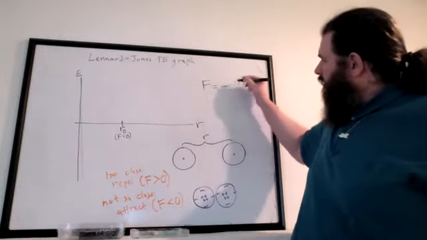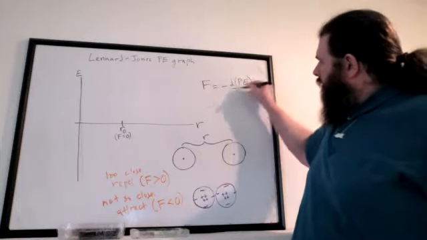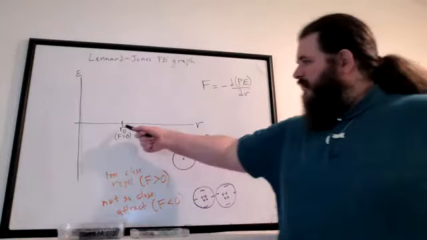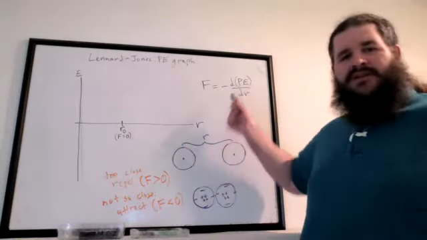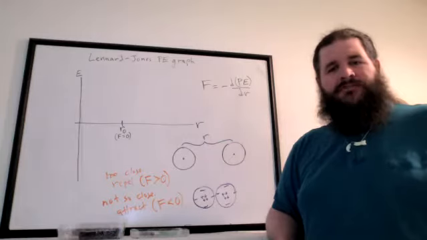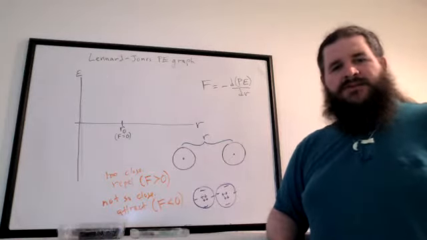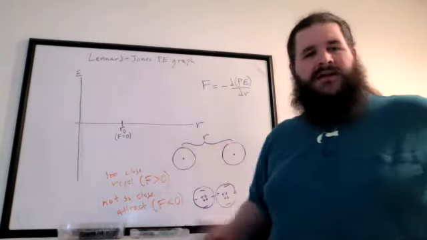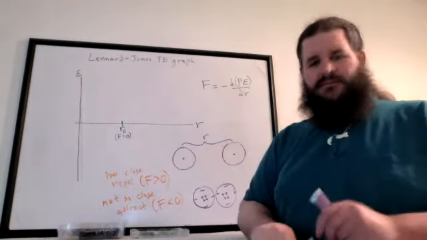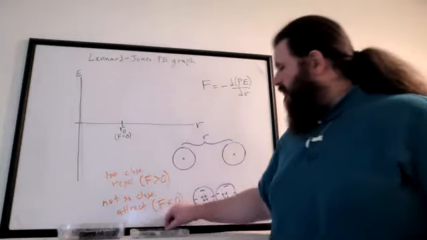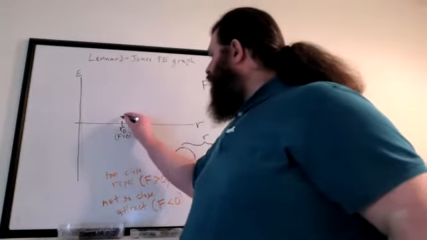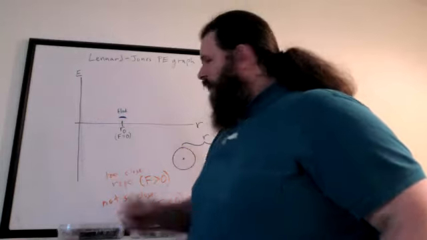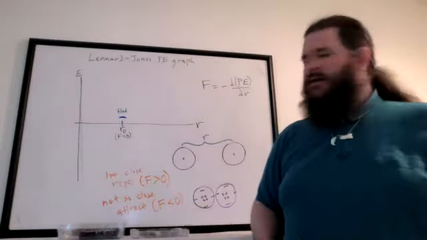Force is the opposite of the slope of the potential energy graph, that is the derivative. So if we have a location where the force is 0, that means the potential energy graph has to have slope 0. In other words, it has to reach a maximum or a minimum. So at this r value, the graph has to be flat. In other words, it has to reach a max or a min.